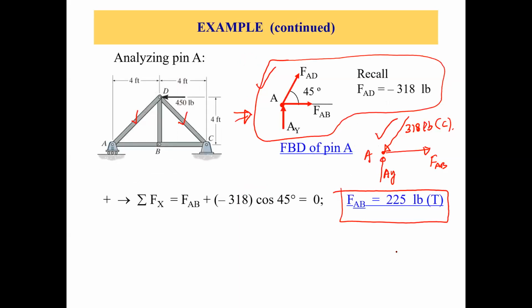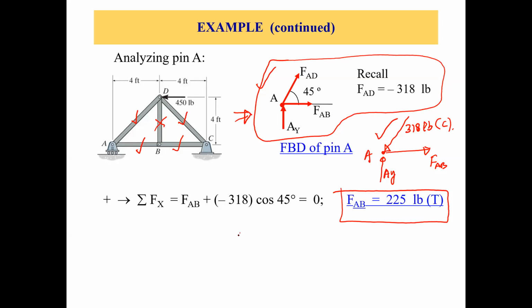With this, we are done with problem 1 of this truss, because now we know this is a zero force member. And because this is a zero force member, FAB equals FBC.